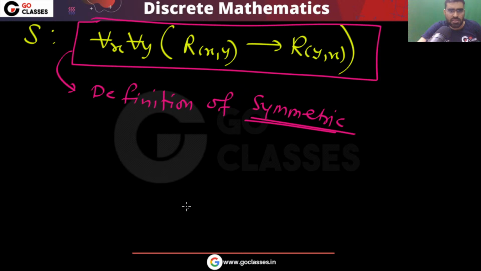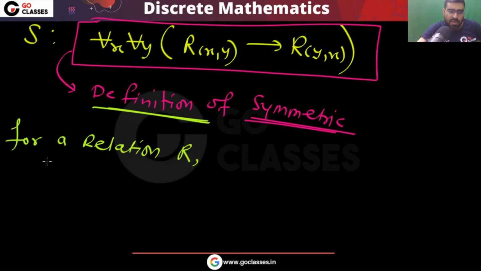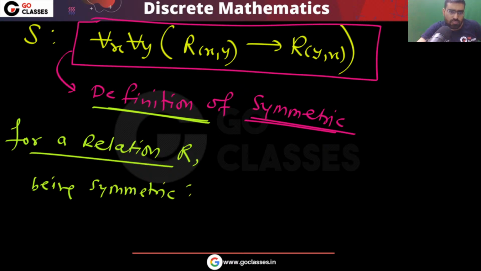Again, this is the definition of symmetric, and for a relation R, being symmetric is satisfiable but not valid.